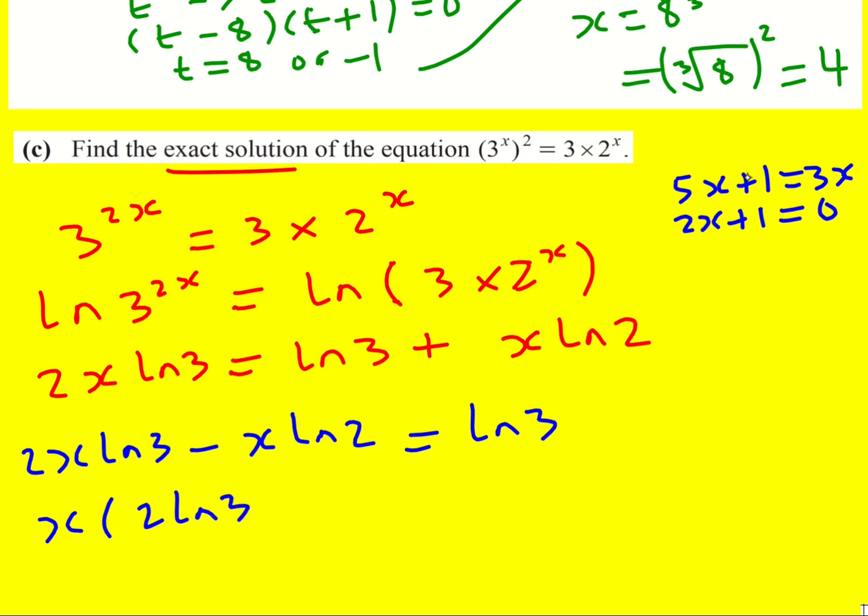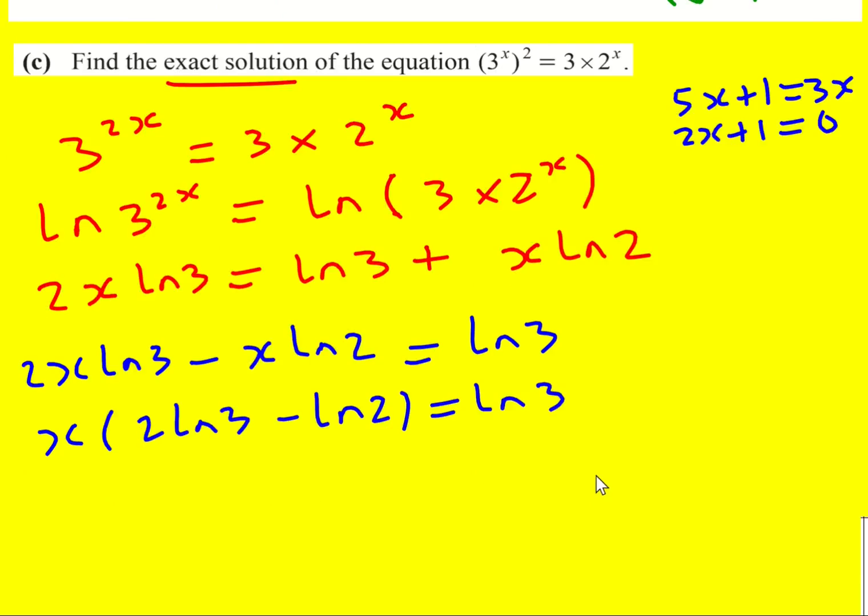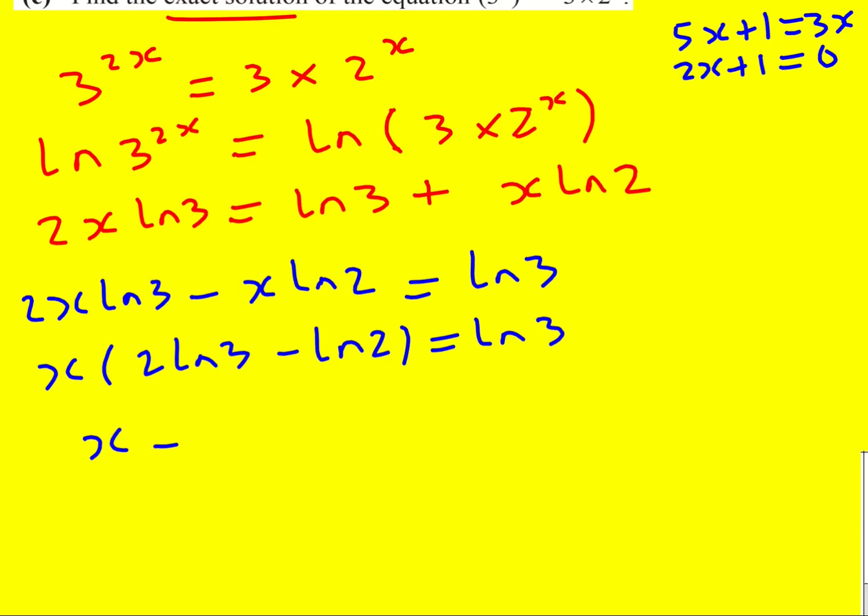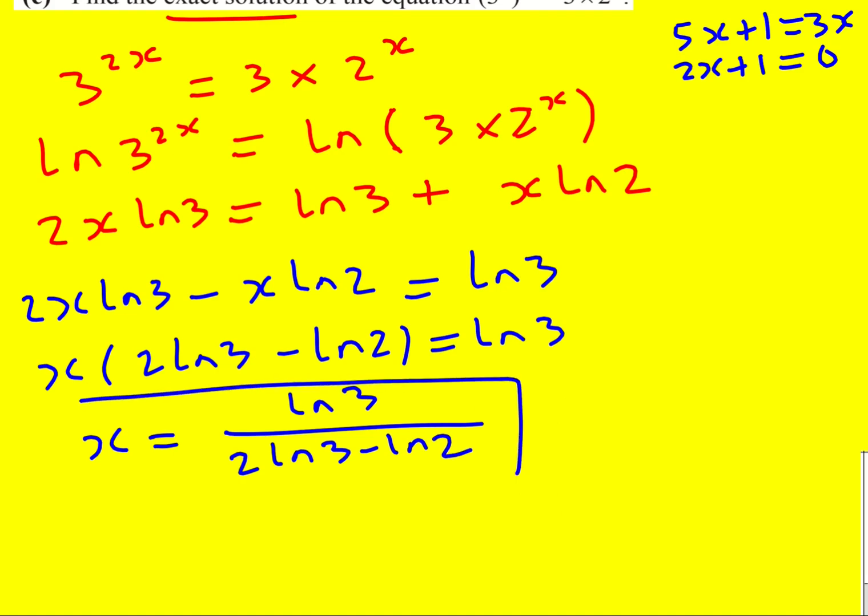It's more awkward, but that's kind of what you're doing here. 5x minus 3x, you factorize out the x to give x times 5 minus 3. It's just a bit more complicated here. And then finally, x is equal to ln 3 all over 2 ln 3 minus ln 2. And that would be an exact answer.